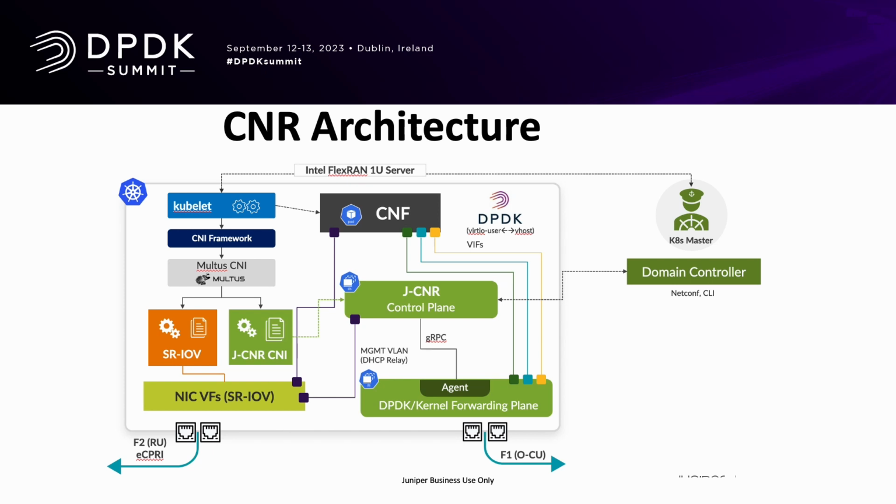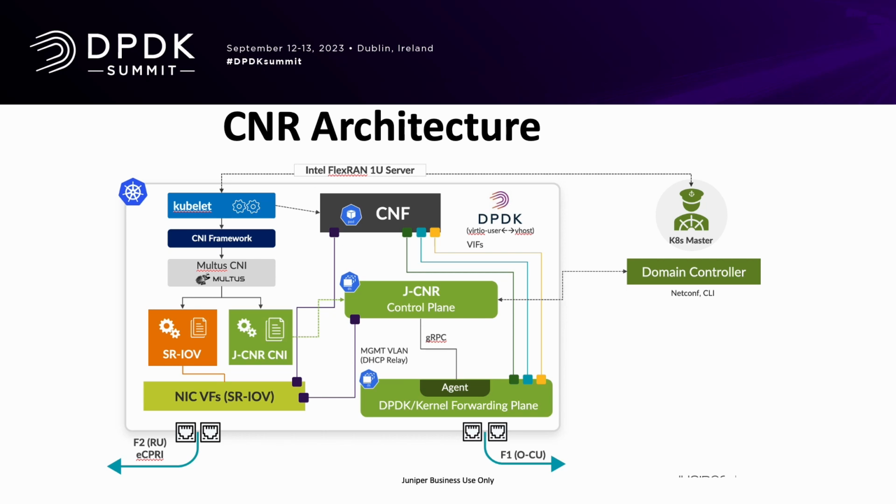The CNI passes the information about the pod, about the virtual network, and the other networking information to the control plane and the data plane. The data plane further uses this information to establish a vhost user communication with the workload. The workload in this case is a CNF.